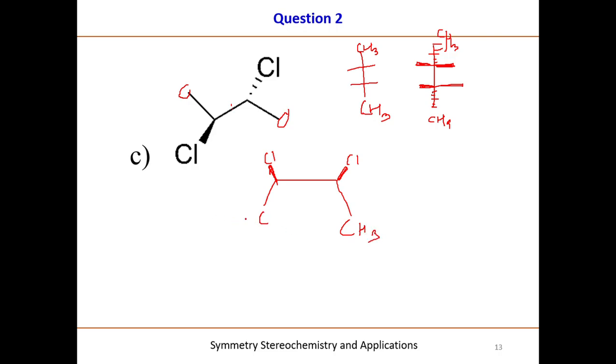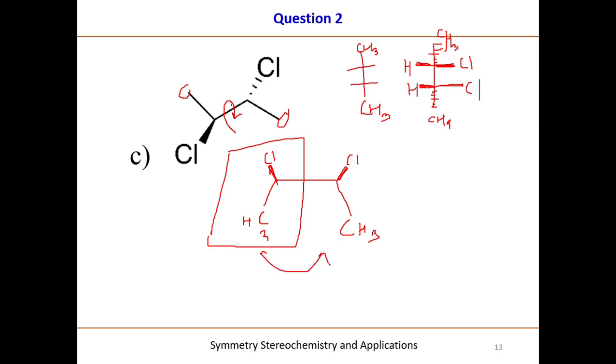Okay, if you rotate this bond by 180, you will see both the chlorines are on the same side. So when we pass the plane here, we will see the right hand side and left hand side both are equal and the same.